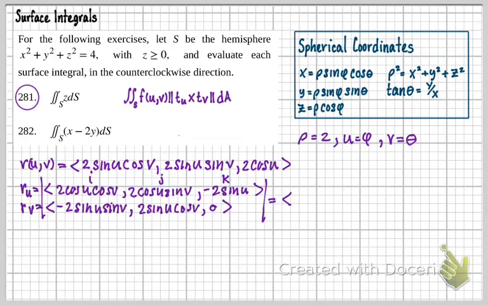The first product gives me 0, and then minus a negative is positive, so that's going to be 4 sine squared u cos v. For the second one, I'm going to have to move this down. I just looked at that third one and realized, wow, that's going to be a long one. So I will have to move this down a little bit more.